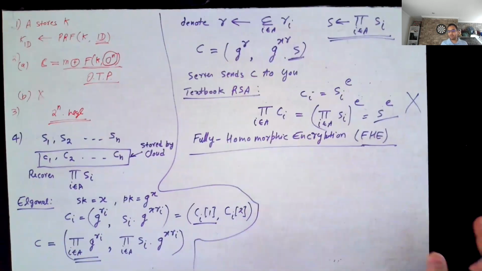If I'm able to come up with an encryption scheme which allows me to multiply messages as well as add messages, I actually get an encryption scheme which allows me to evaluate a whole circuit having addition gates and multiplication gates. These are known as arithmetic circuits, right? So addition and multiplication together are very powerful. You can evaluate any arithmetic circuit.